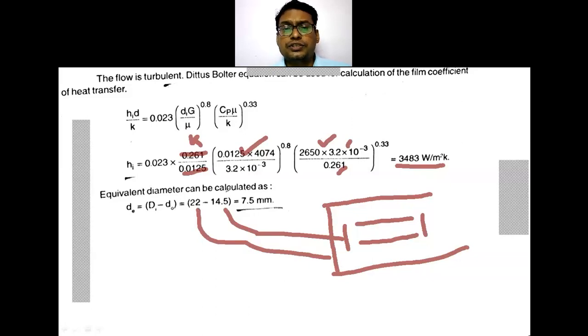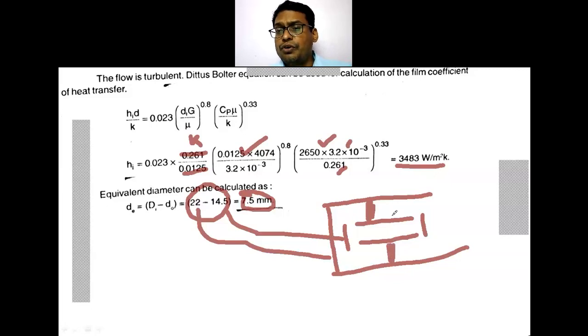So this 22 minus 14.5 is nothing but the available space, the annular space. It is called the annular space. So this is your equivalent diameter that will be taken for this remaining section.